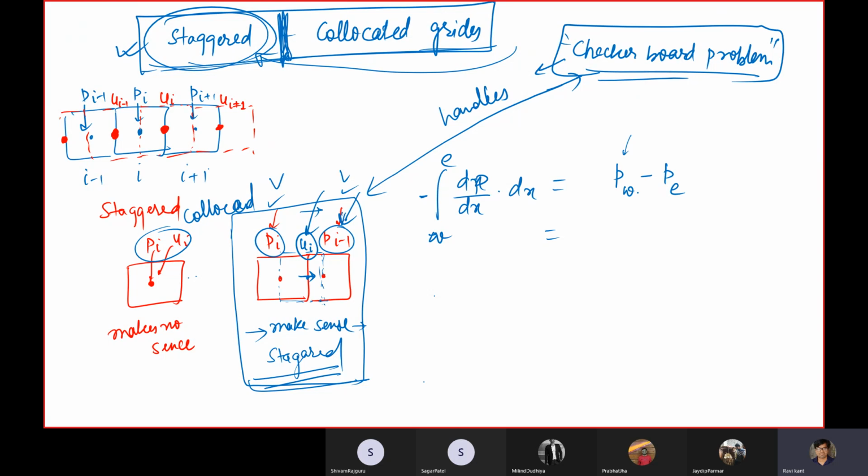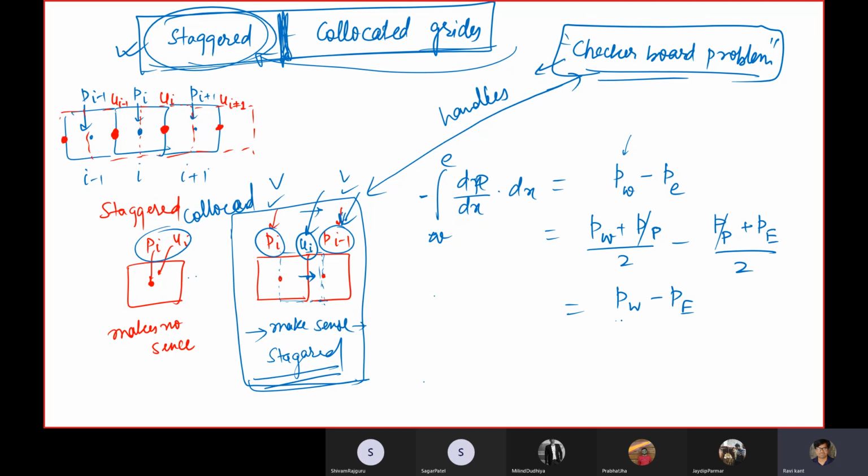Okay, now this pw I can write as P capital W plus P capital P divided by 2, minus P capital P plus P capital E divided by 2, and this actually goes, so we are left with PW minus PE.